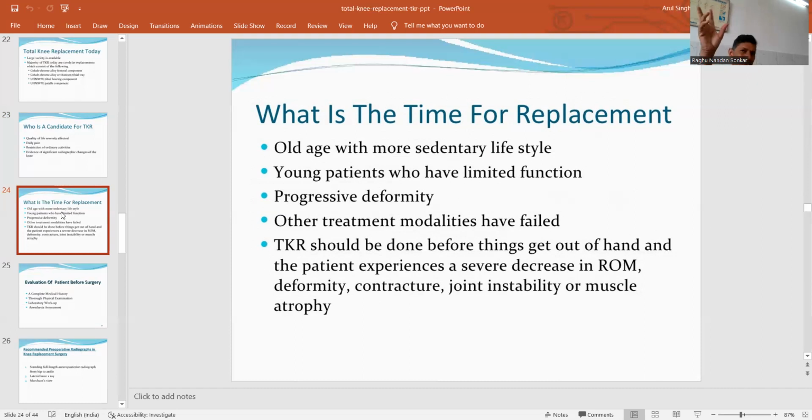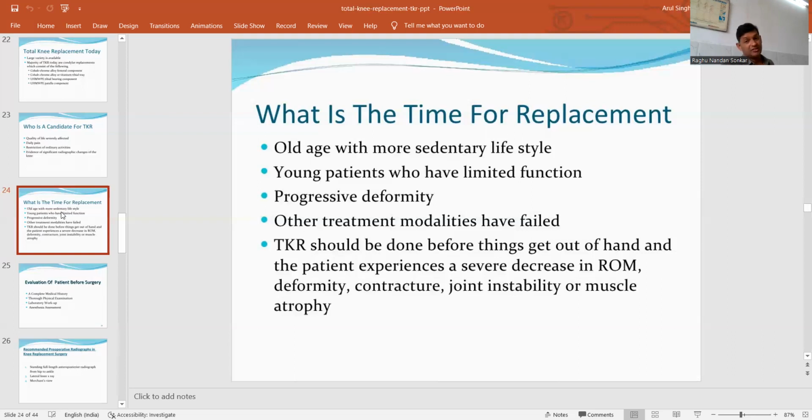So for a 40 to 50 year old male or female, what can be done? They can be managed by osteotomy if possible. And if above 55 or 60, old age, that is the ideal time for replacement.